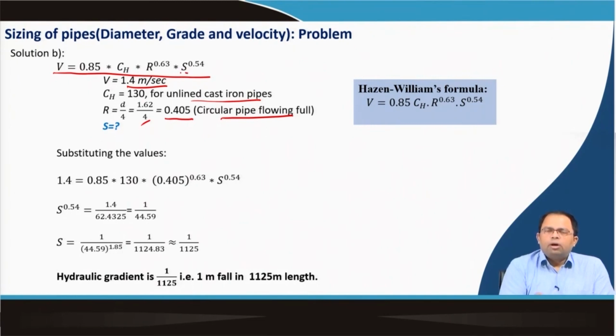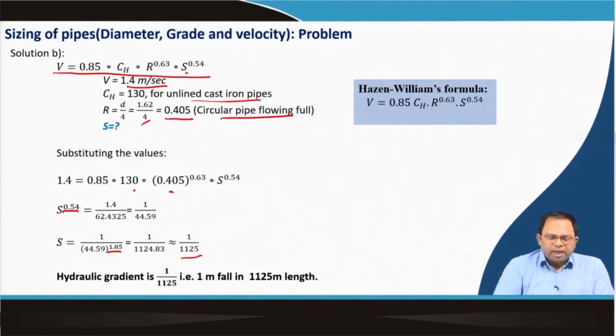Now we have to determine the S value. S is the slope, the hydraulic or friction slope that we have to provide. Substituting these values, we put all the values in the equation and solve for it. S to the power 0.54 comes to around 1 by 44.59. Then taking S to the other side, 1 divided by 0.54 comes to around 1.85, which goes to the denominator, and when I solve this, we get around 1 by 1124.83, and we can take it as 1125.